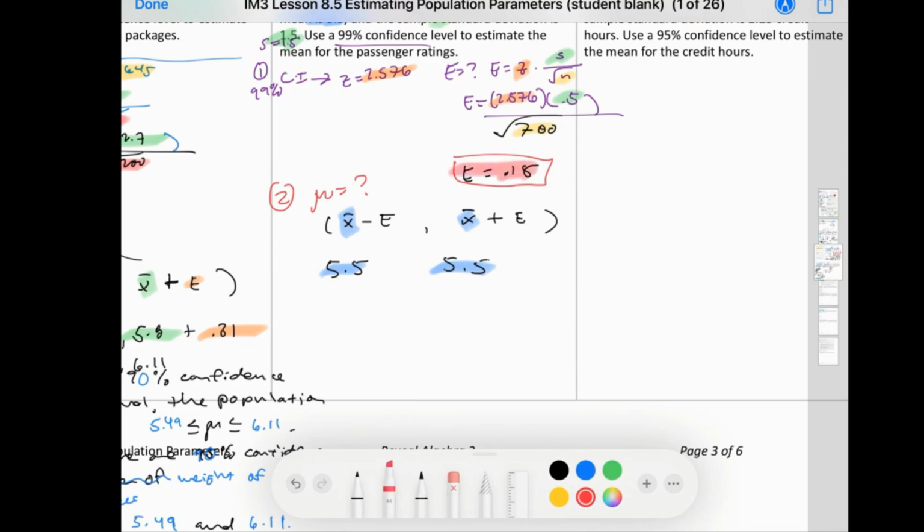E is 0.15. Let's write that a little bit nicer. And then when you do that, our two numbers are going to be 5.35 and 5.65.